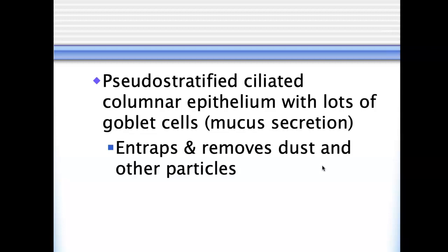It's more like a simple epithelium, but looks stratified. And it's ciliated, so it has cilia on it. It's columnar epithelium. Remember that one? You did some drawings of that. And it is full of goblet cells. Goblet cells galore. They're going to be secreting mucus, and some of those particles are going to get trapped in there, and then you avoid having them inside your lungs.